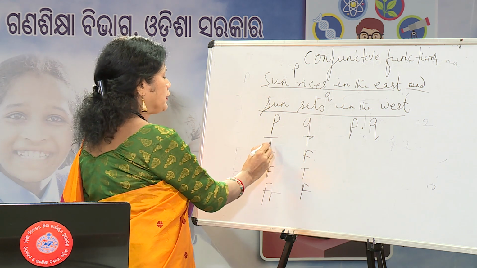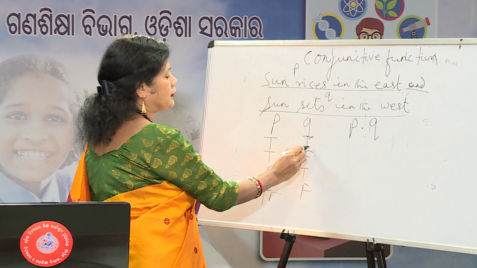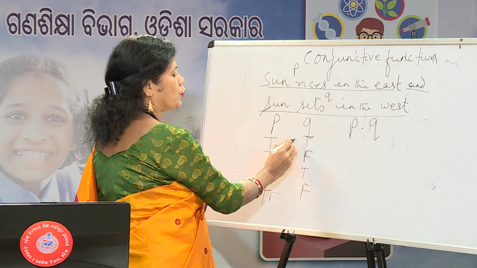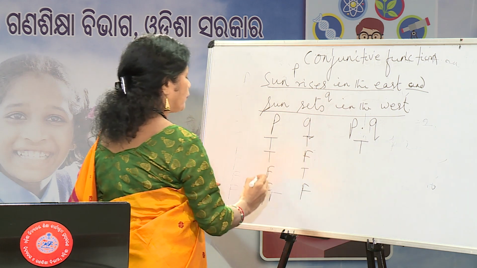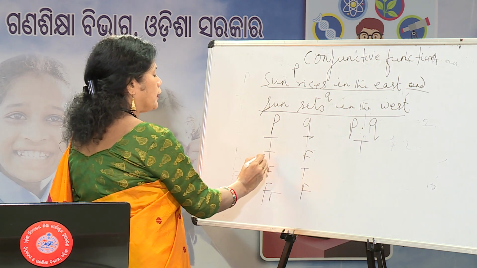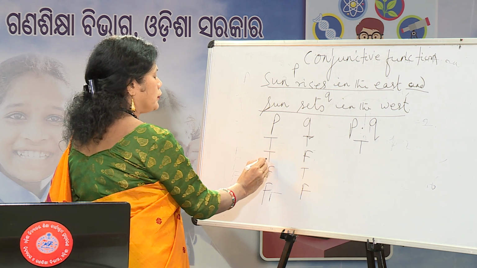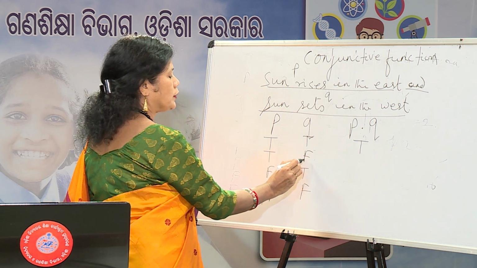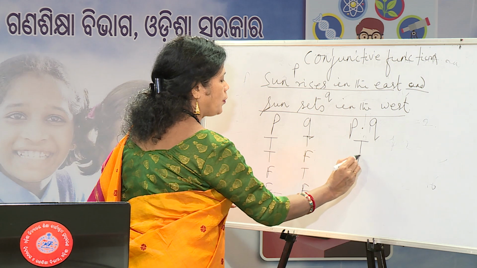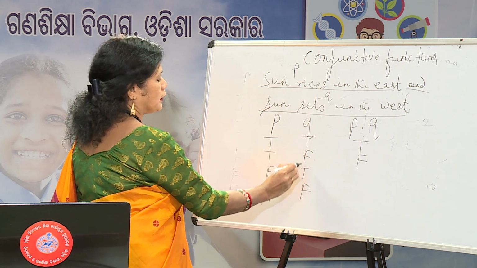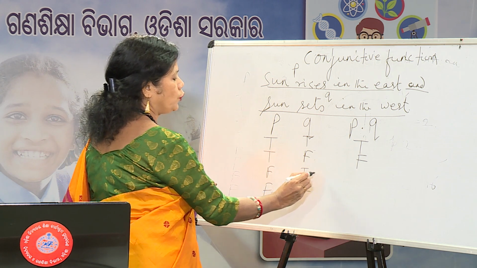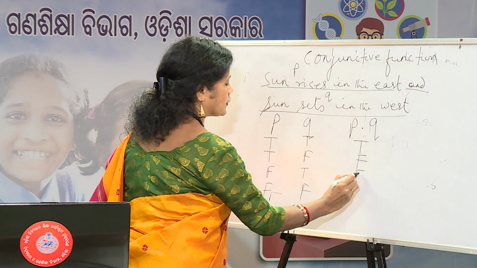Sun rises in the east and sun sets in the west. This is true, this is true. So p and q is true. Here sun rises in the east is true, sun sets in the west is false. So this is false. Sun rises in the east is false, sun sets in the west is true. This is false.